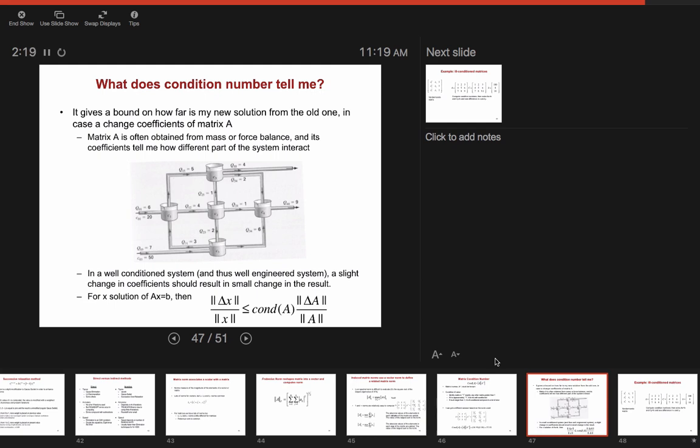So if I slightly changed A, and my condition number is large, this is still going to be large, so there's a chance for a pretty large change in the solution, even though I have changed the coefficients of the matrix just a little. And that's the stability problem.